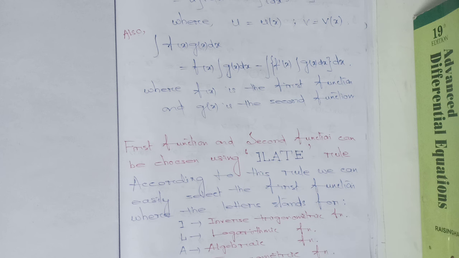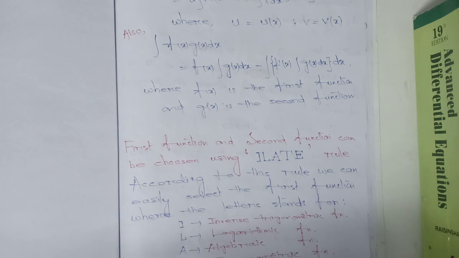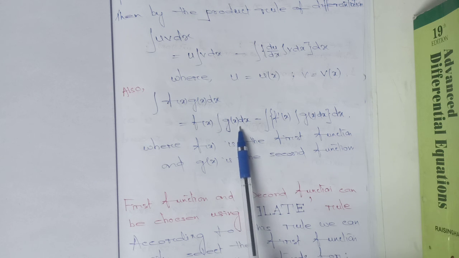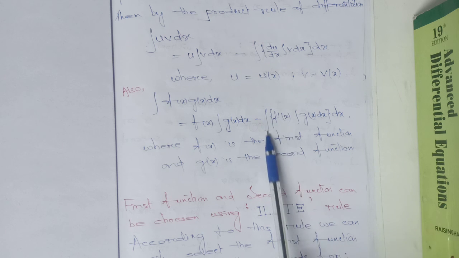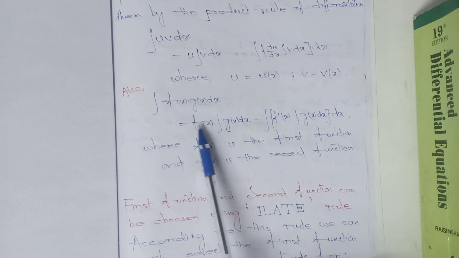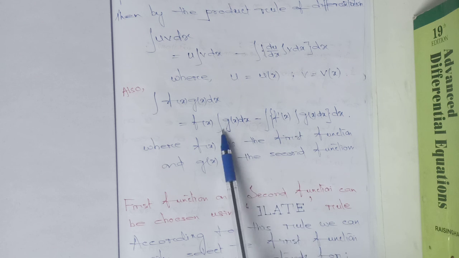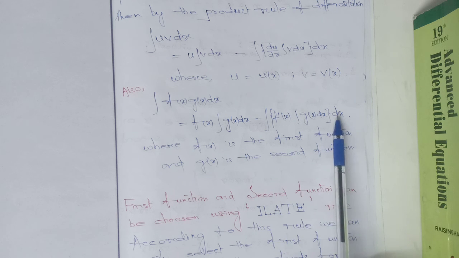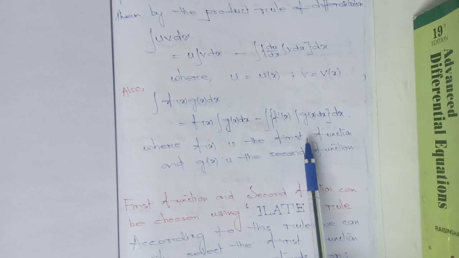So its integration will be the first function f(x) into the integration of the second function g(x) dx, minus a big integration. Under this integration, d/dx of the first function, f dash x, into the integration of the second function, into dx. The whole part we need to integrate again, where f(x) is the first function and g(x) is the second function.